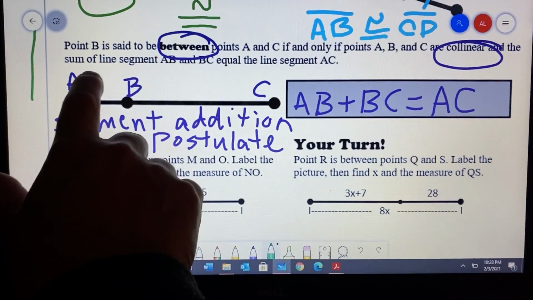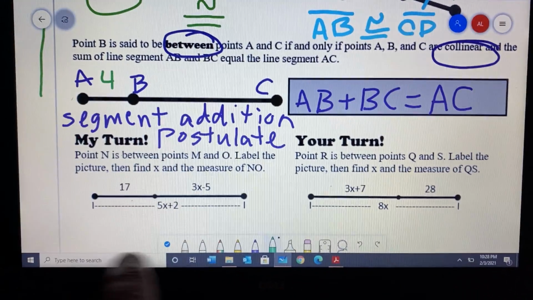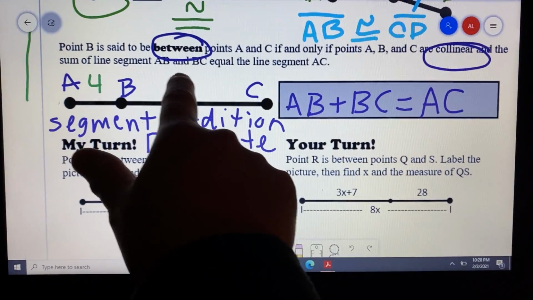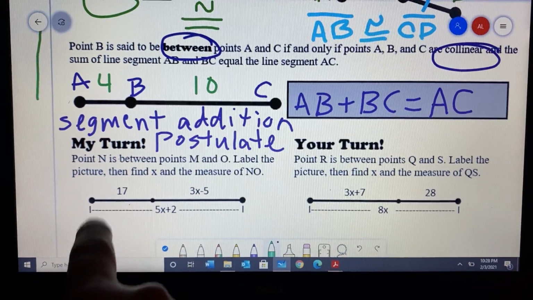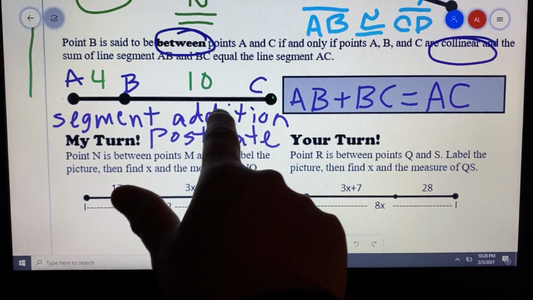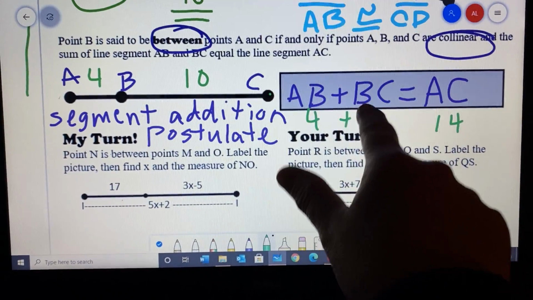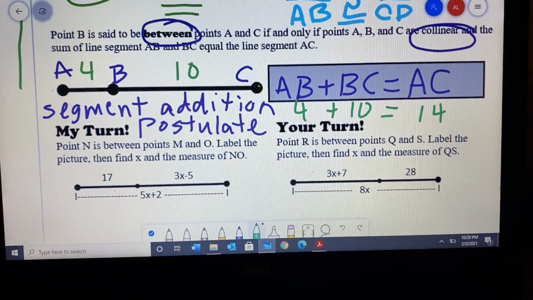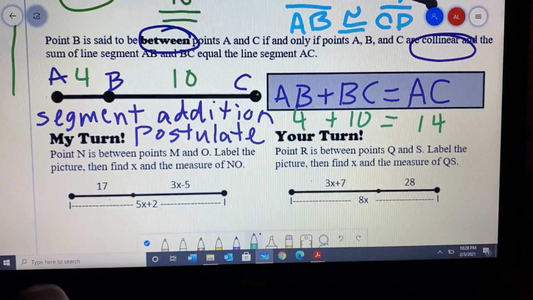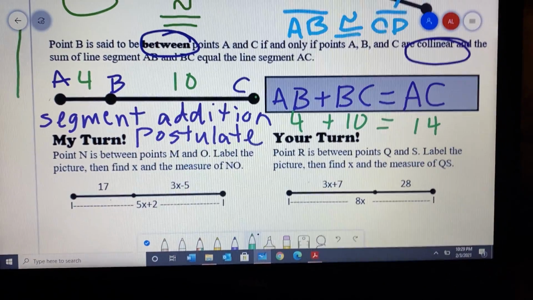So for example, if AB was 4 and BC was 10, then AC would be 14 because 4 plus 10 equals 14. The two pieces add up to the length of the big piece.